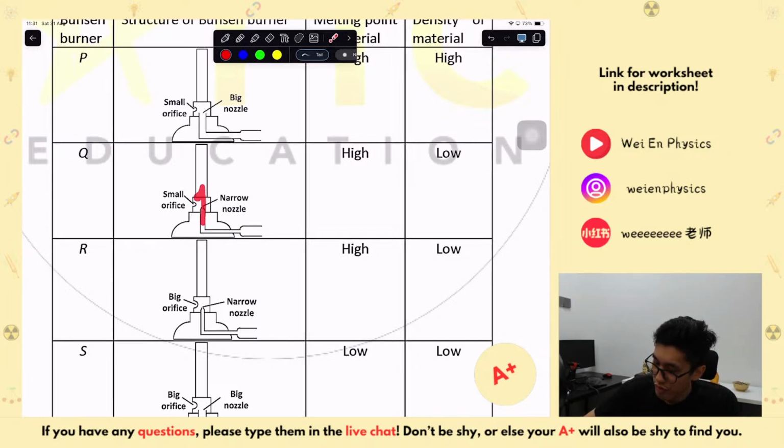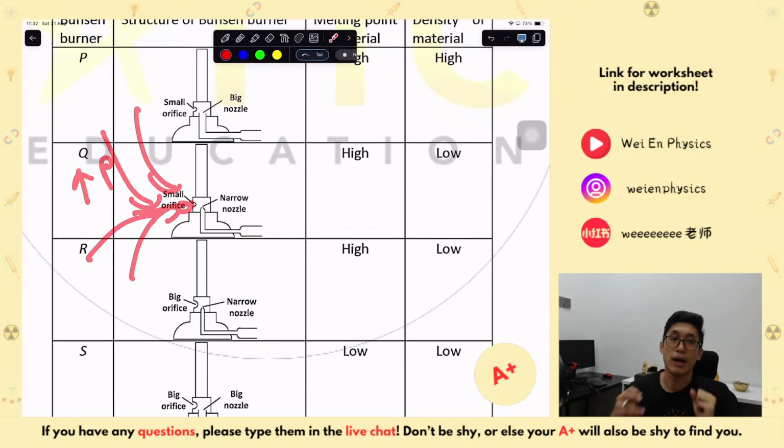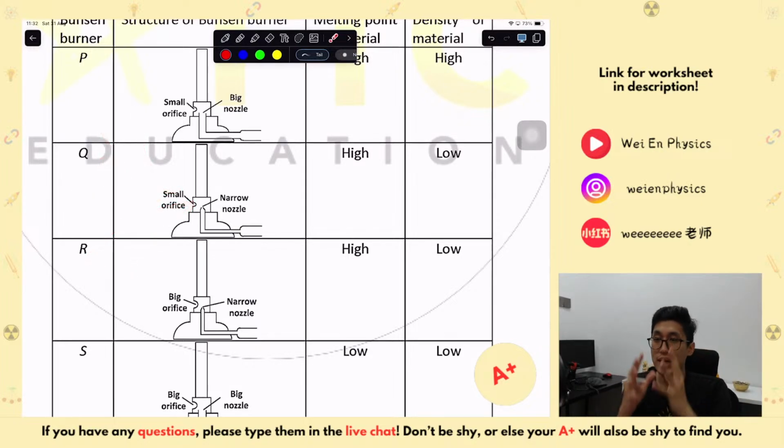So when it flows very fast, inside here will be high velocity, low pressure. Inside here will be low pressure, which means outside pressure is higher. It will push oxygen into the hole and you will get complete combustion. You'll get a better fire.